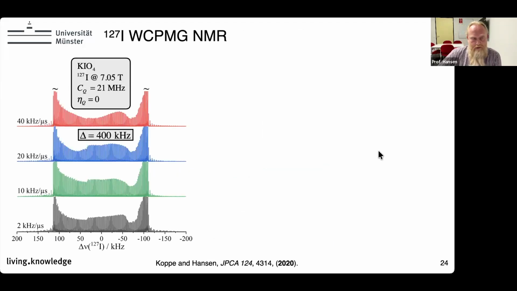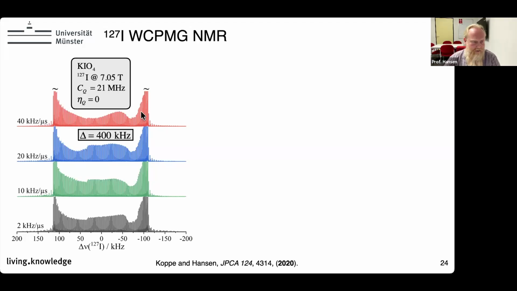Now what we've done here, we took a model compound, potassium iodide, and looked at this at 300. It has a CQ of 21 megahertz and an asymmetry parameter of 0. And this is also just to show that the simulations or the configuration that we did are actually true. So here is the bandwidth now of 400 kilohertz. So it's even a little bit wider than the actual central transition. And here you can see the problem that if you change the rate, if it's too fast, you see modulation on the line shape due to pulse modulation artifacts.